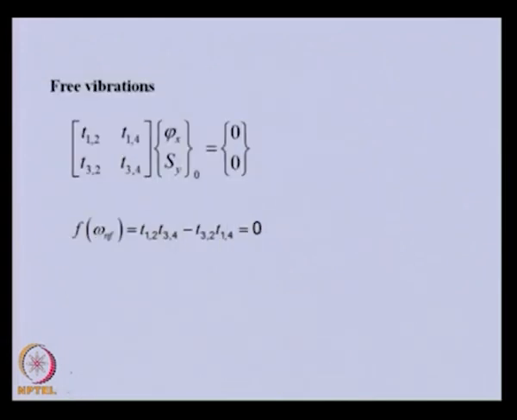This is a homogeneous equation, and for a non-trivial solution the determinant of this matrix should be 0. So, we have equated this to 0. Basically this is the frequency equation.